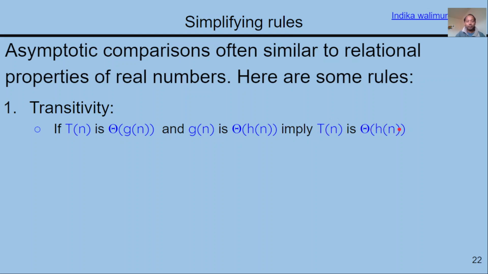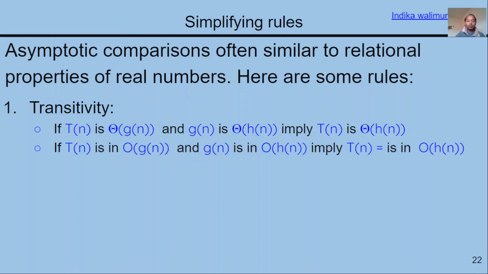Okay. All right. And then we can go on similarly to other notations as well. So if Tn is in big O of Gn and Gn is in big O of Hn, that implies Tn is in big O of Hn.